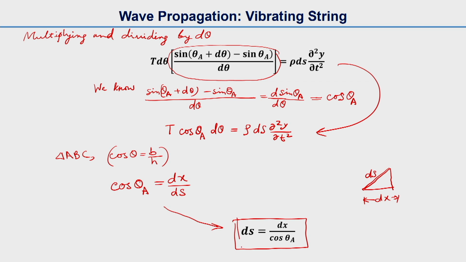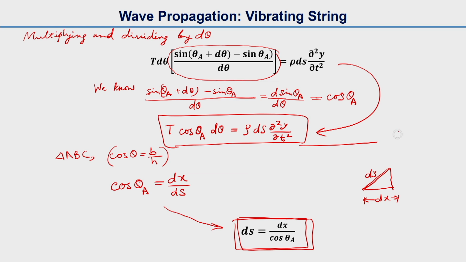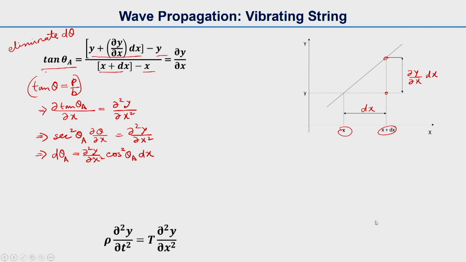So now from the earlier equation, we got ds equal to dx divided by cos theta a, and the other we got this one. Let us assume we call this a, and this one b, and this c.